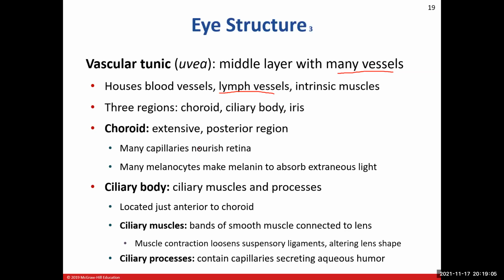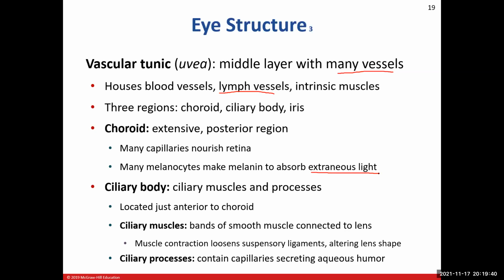We'll also see melanocytes here, and you know their job is to produce melanin to absorb any extra light that's bouncing around, because that's what happens. Light enters through the pupil, and so it's going to strike the retina. And the light will sometimes start to bounce around inside, and so the melanin helps to absorb that extra light, so we aren't causing any damage to any structures, but also so we can get a clear picture.